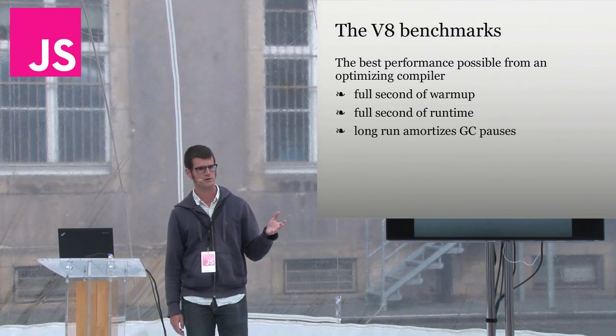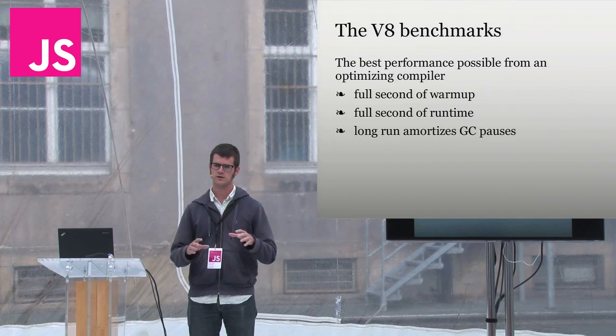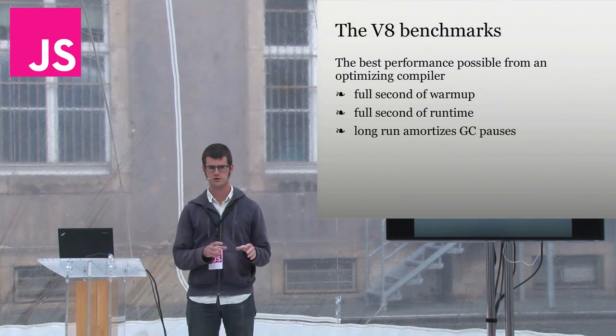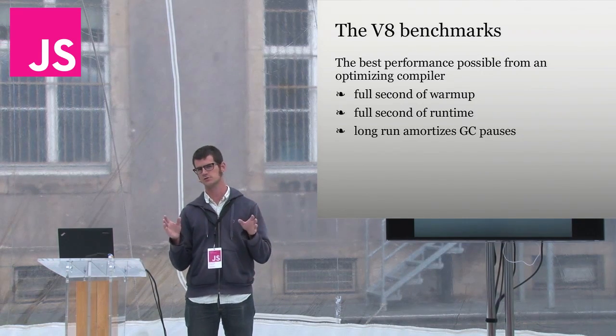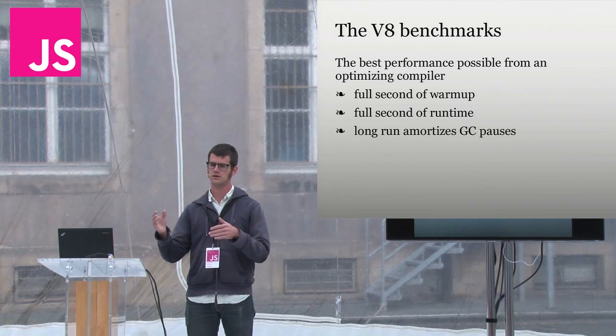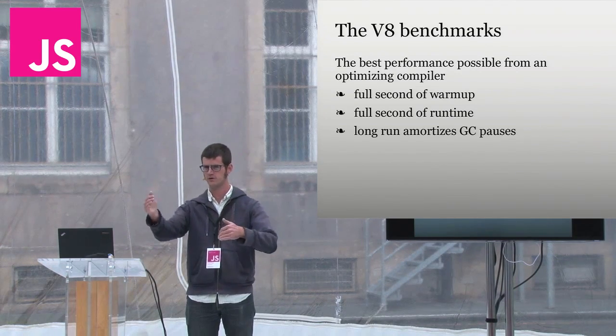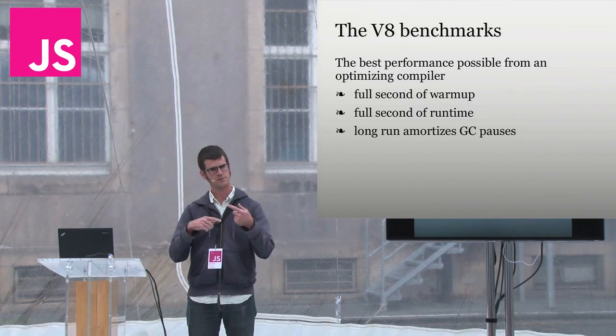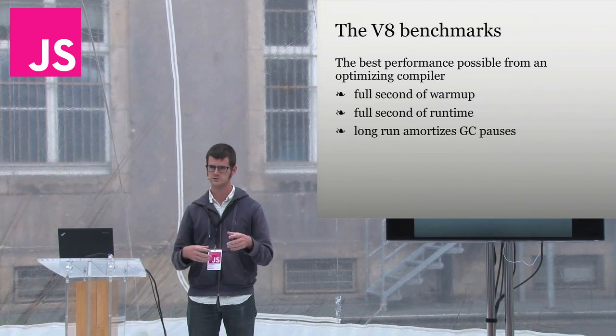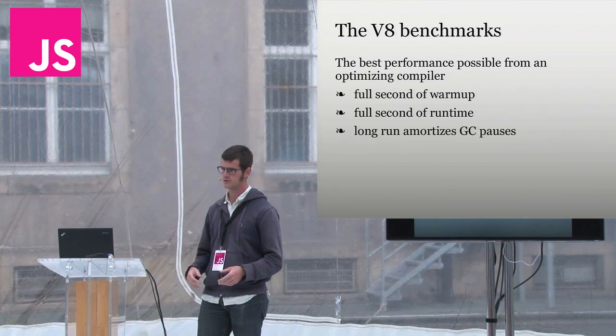And they take a long time to run because they take a full second to warm up the code for each benchmark, and then they measure over another second how many iterations you get up to a second of iterations of these benchmarks, and they divide the time by the iterations, and you get a time per iteration.